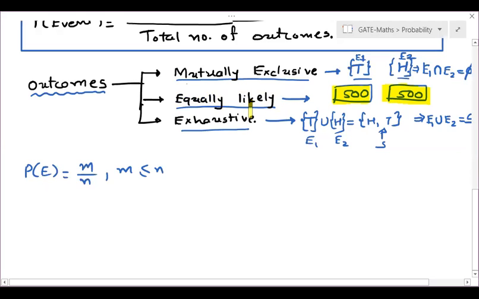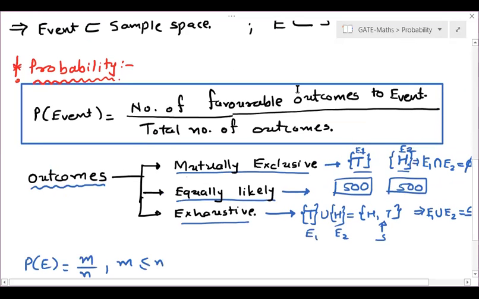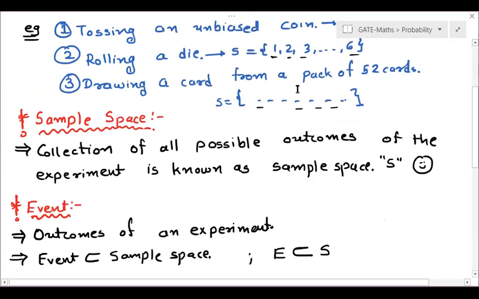If I am tossing this coin 10,000 times, this should come 5,000 times and this should come 5,000 times. That means both should get equal chances. Your coin should not be biased, such that you get head more often and tails less often. All the elements should get equal chances.